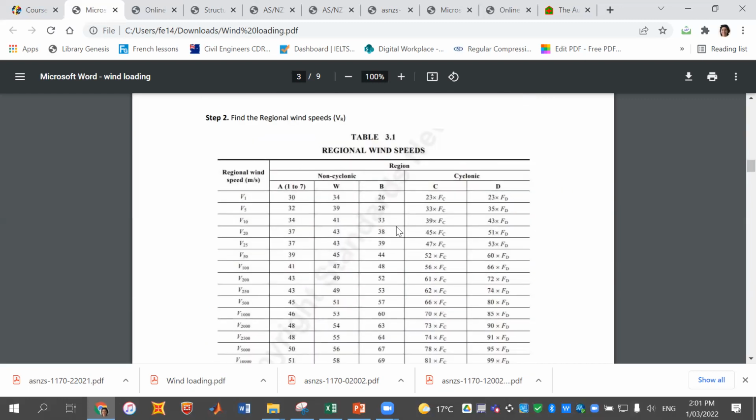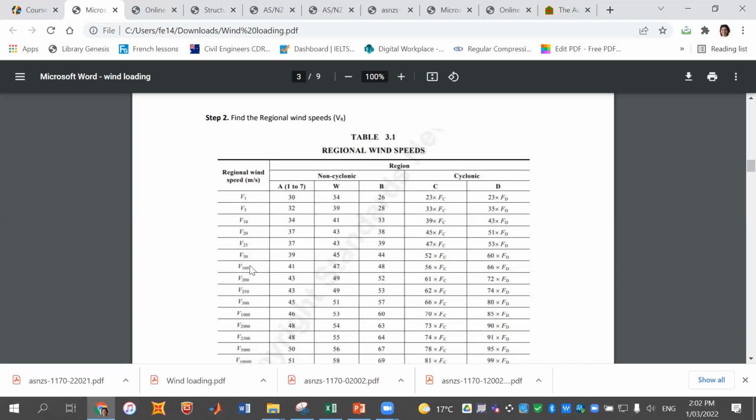So from this table, and based on your design, you just choose one of these. If the instructions don't mention anything, you just do a bit of research and see, for example, for a food processing warehouse, how strong the wind is usually considered.